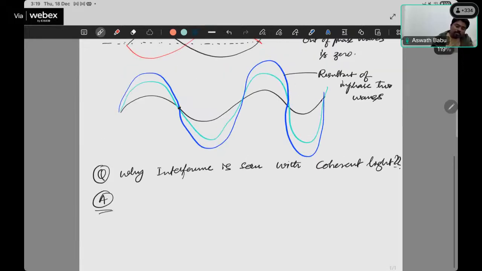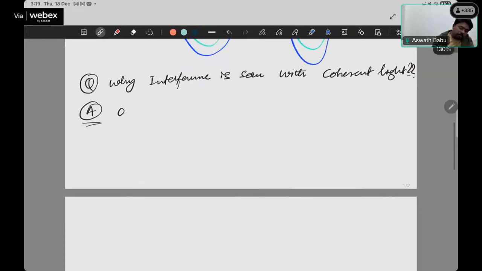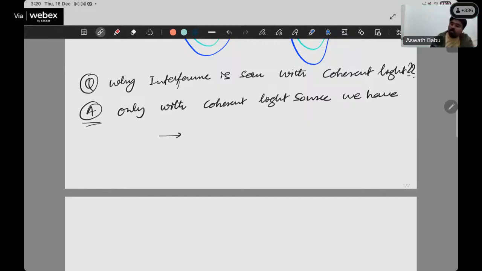Only with the coherent light source do we have properties like, number one, the property of two rays.